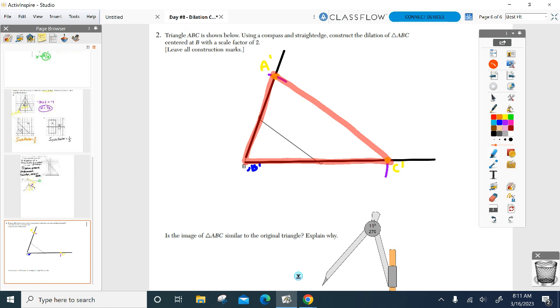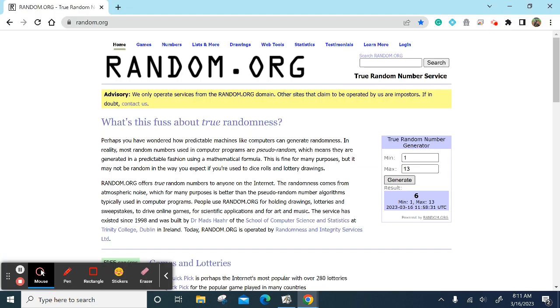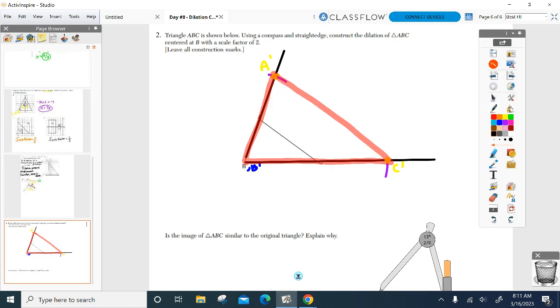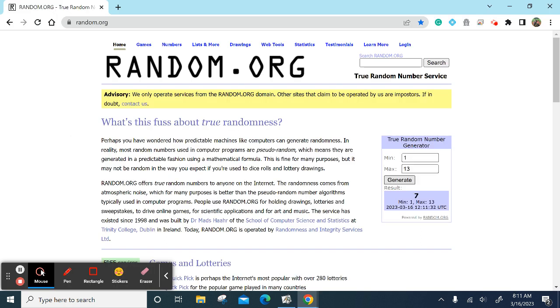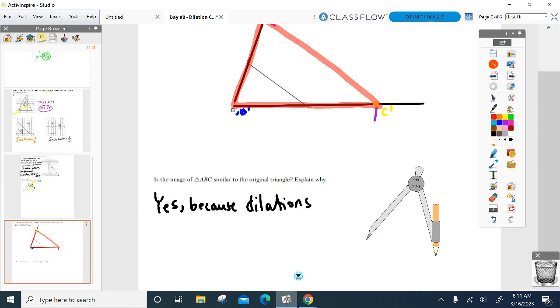And then let's answer the question, is this image similar to the original? Is it similar? Yes, similar. Yep, we just went over this, right? Yes, because dilations do what, everybody? Dilations preserve.